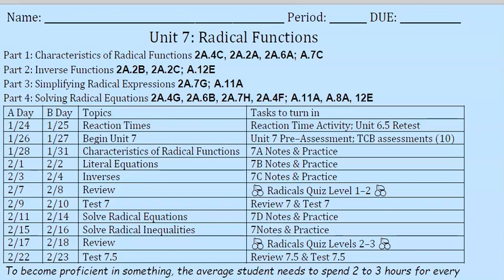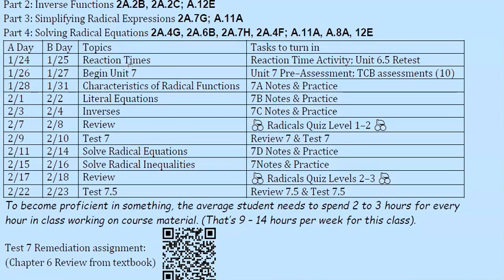If you look below, here is a calendar with the topics that you do on each day and what you should be turning in. So when you're watching this video, you should be either beginning Unit 7 and taking the pre-assessment, or we're on 7A, which is Characteristics of Radical Functions, and you would do the 7A Notes and Practice either in this packet or with the worksheet foldable, depending on your class period.